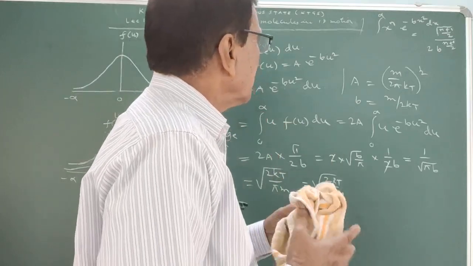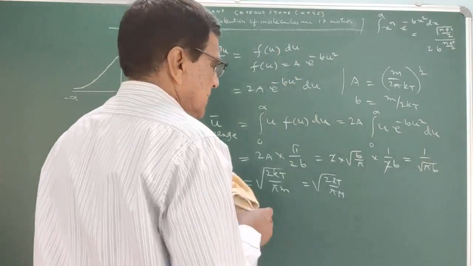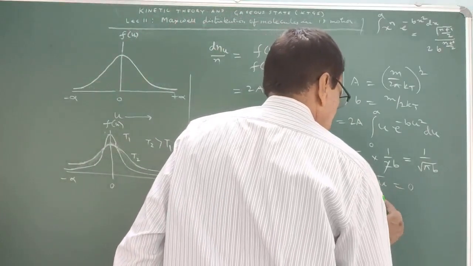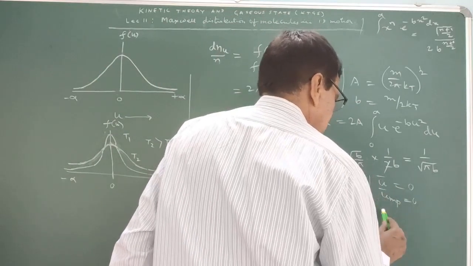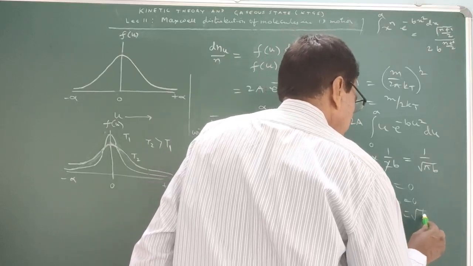So formally we have seen this U bar equal to 0, and U square bar root over equal to root over of kT by m.